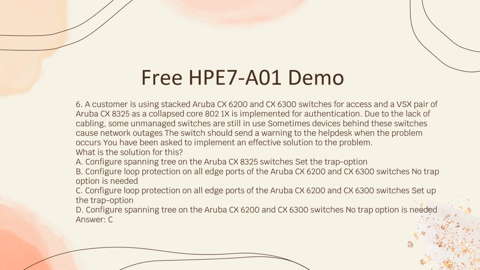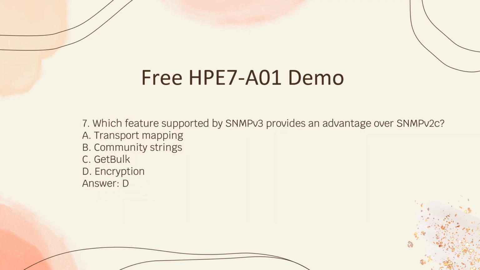Set up the trap option. D. Deconfigure spanning tree on the Aruba CX 6200 and CX 6300 switches. No trap option is needed. Answer: C.